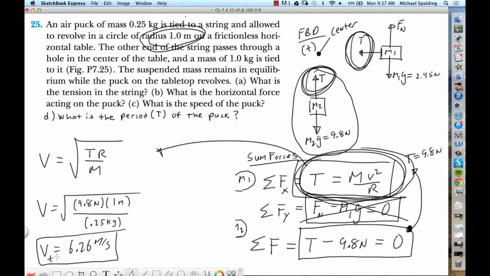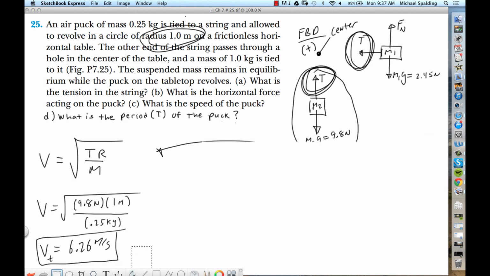All right, then I added a question. What would be the period of the puck? What do we mean by period? The time for one circle. So for circular motion problems, an equation for tangential velocity. The basic definition for velocity is distance over time. If you focus on one circle, what's the distance around one circle? 2 pi r.